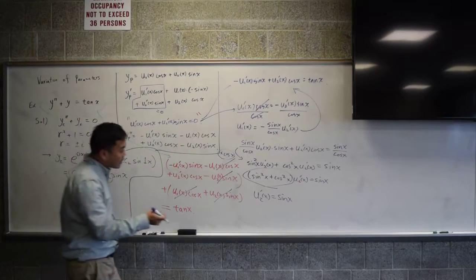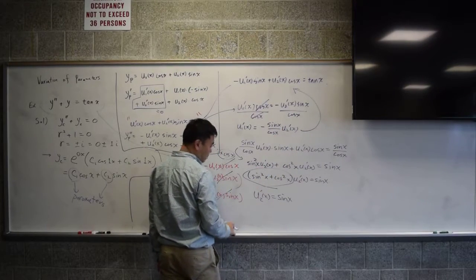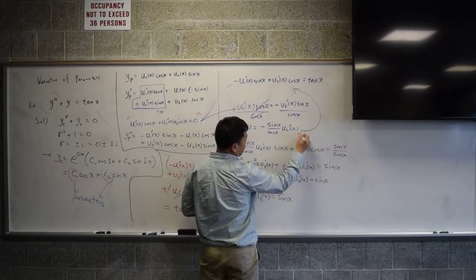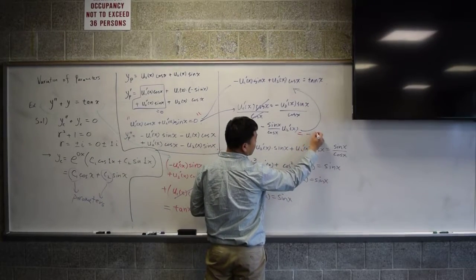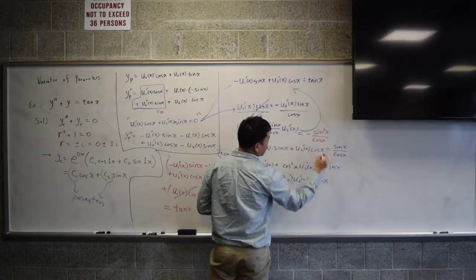And then plugging this back into here gives you that u1 prime of x is negative sine squared of x over cosine of x.